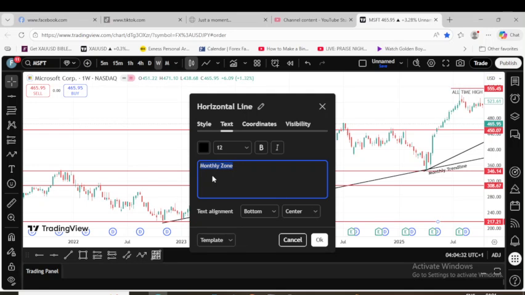Currently we are identifying our weekly zones.